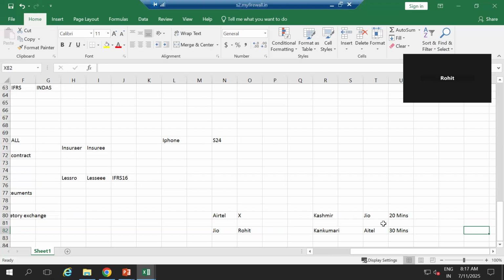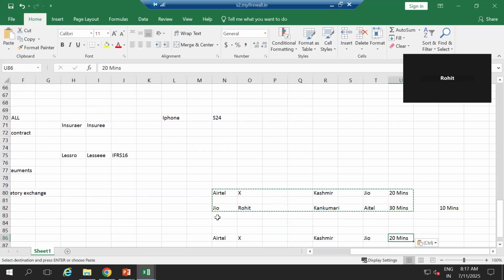Now tell me, at the end of the month, who is the customer and who is the supplier? Both are customers and suppliers. At the end of the month, if I take the net balance, Jio is a customer to Airtel for 10 minutes. Right? 10 minutes extra he has to pay. Same scenario, next month reverse.